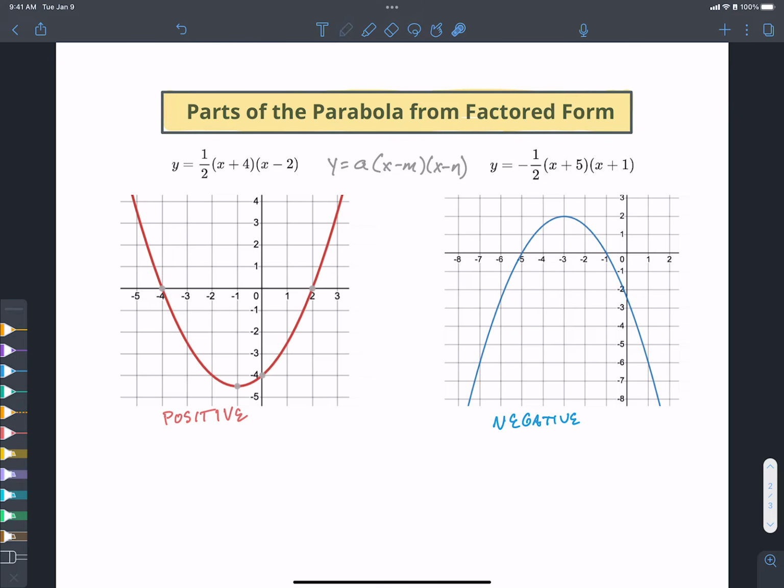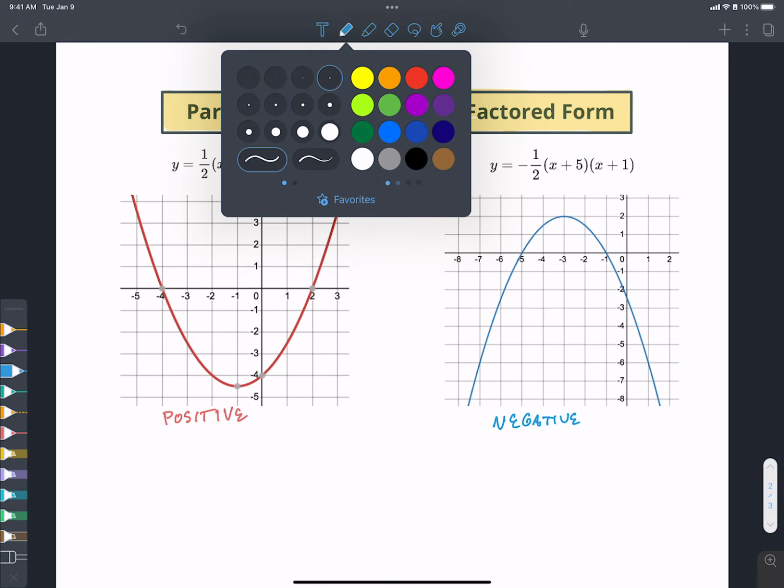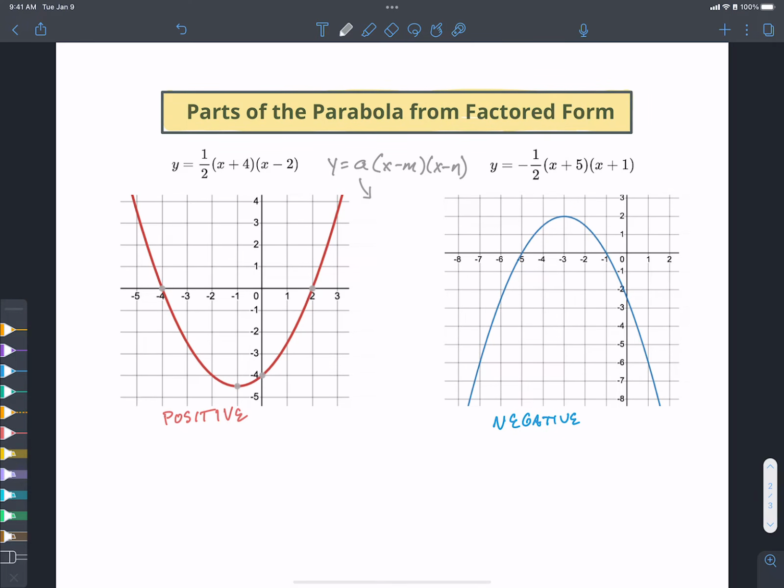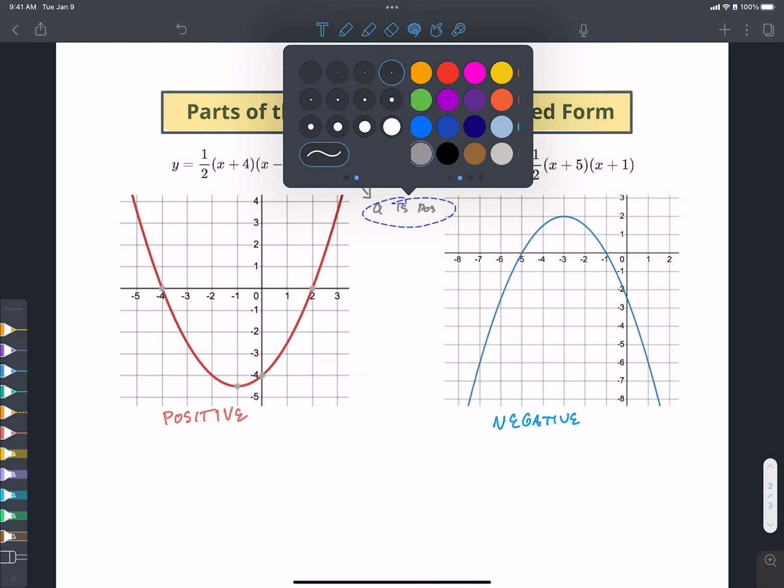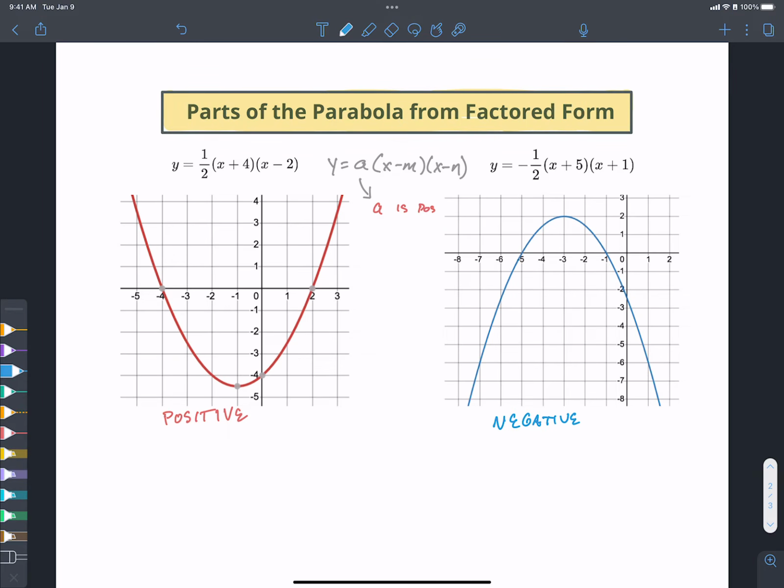So if we consider this a value here, if a is positive, then you're going to have a positive quadratic. So if a is positive, it's going to be red, and if a is negative, then we're going to have a negative parabola.